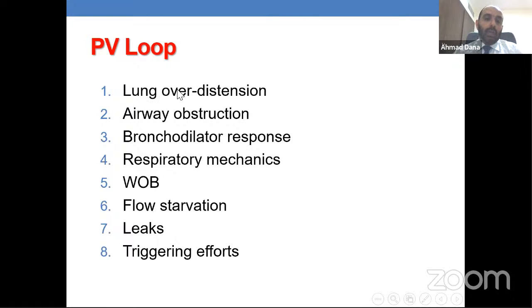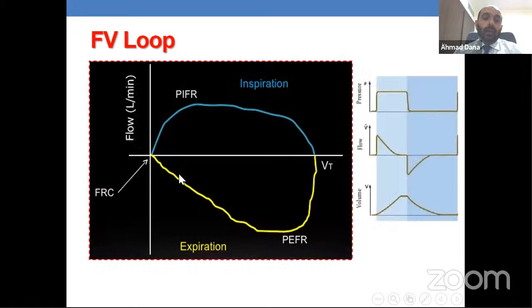So this is just me enumerating them. We will go to each one step by step. Okay? So this is just for your reference. If somebody wants to understand the importance of the pressure volume loop, you just keep to these points. Now the flow volume loop.